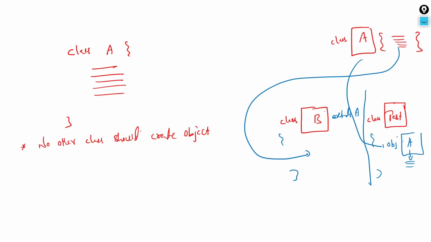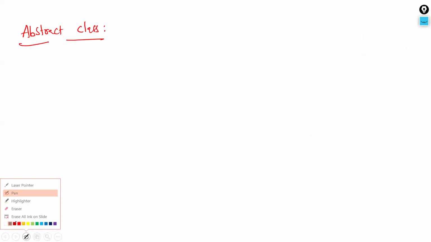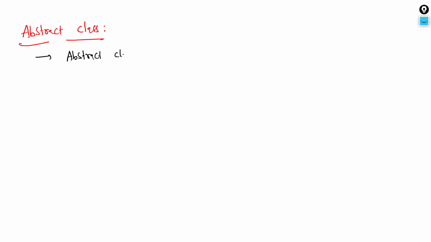For that, we have a concept called abstract class. Abstract class is our next concept. The purpose is to block the object creation. So first, what is this? Abstract class is like a class, it's almost like a class only.